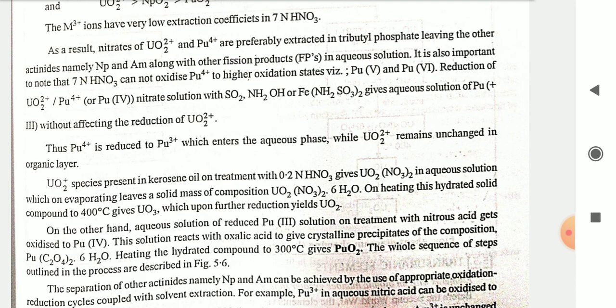UO2 2+ species present in kerosene oil, on treatment with 0.2 normal HNO3, gives UO2(NO3)2 in aqueous solution, which on evaporating leaves a solid mass of composition UO2(NO3)2·6H2O. Heating this hydrated solid compound to 400 degrees Celsius gives UO3, which upon further reduction yields UO2.